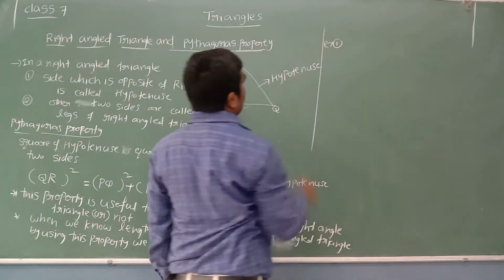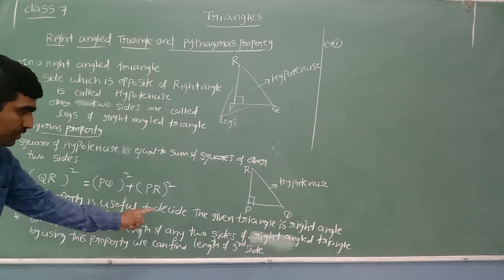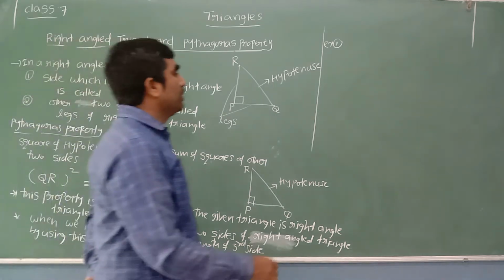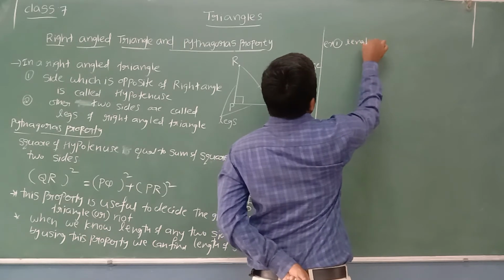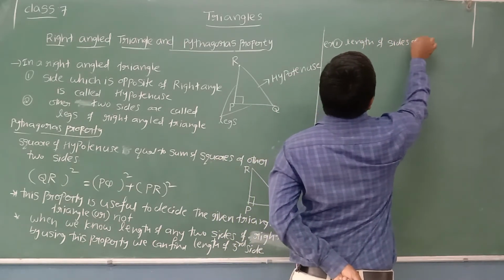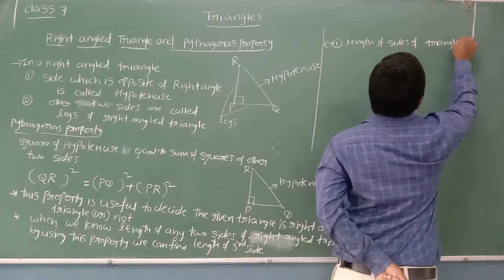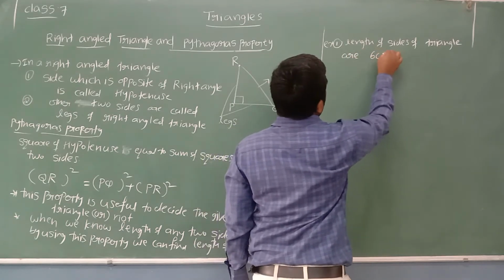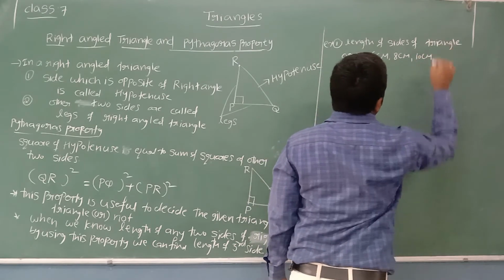See, I take one example here. This property is useful to decide whether the given triangle is a right angle triangle or not. Now here I give the lengths of the sides of a triangle: 6 cm, 8 cm, 10 cm.